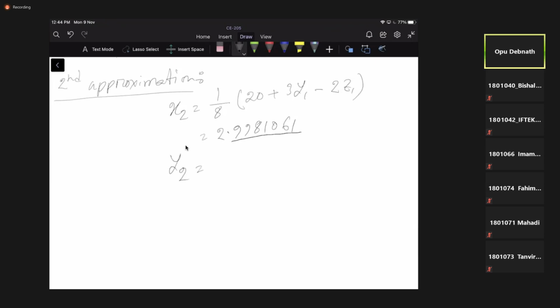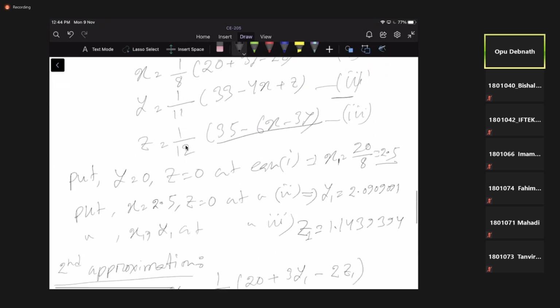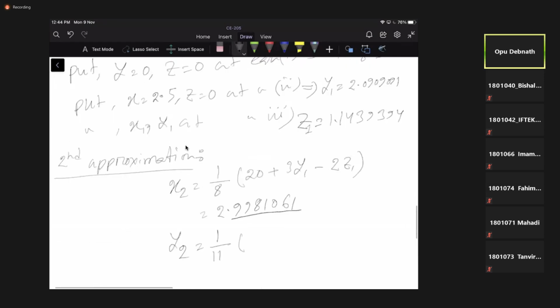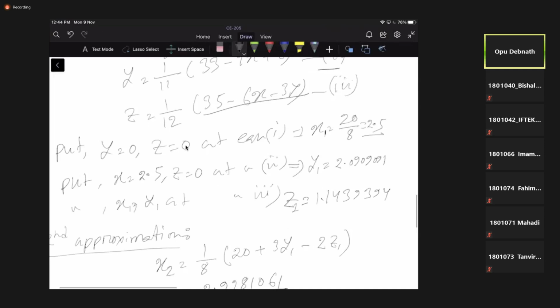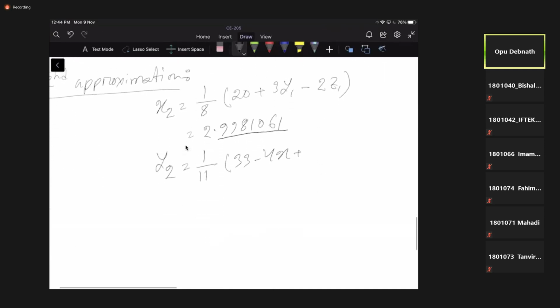Again for y2, 1/11, this was 33 minus 4x plus z. That means 33 minus 4x plus z. Here for y2, this will be x1 and z1. Put these values, you will get 2.0137741.